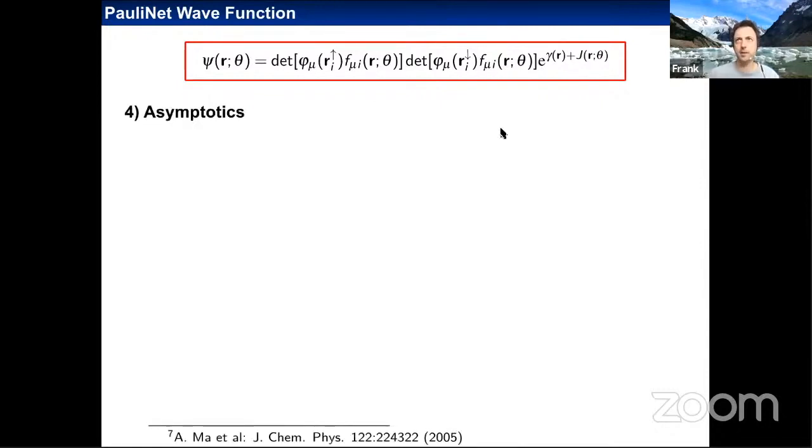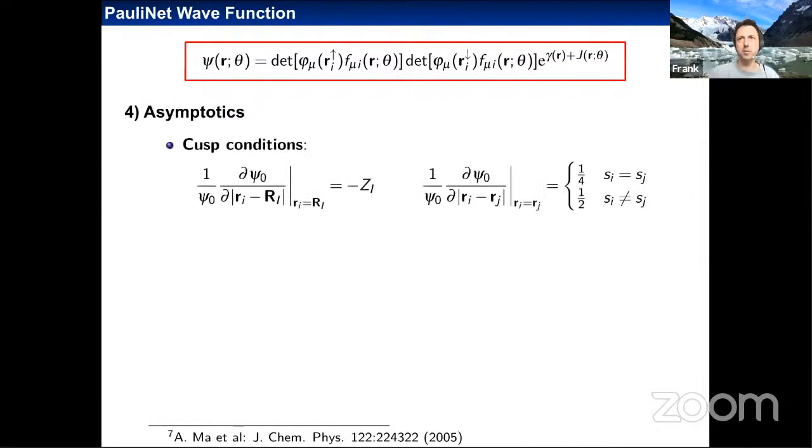Finally, the asymptotics. So we know that ground state wave functions have certain asymptotic behavior as electrons approach each other or as electrons approach nuclei. The derivatives of the wave function go to certain limits. And it's extremely important to build in these asymptotics into the solution because they're very hard to learn.